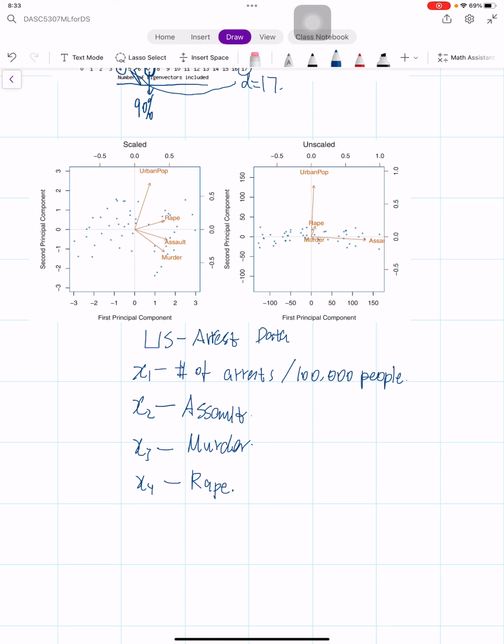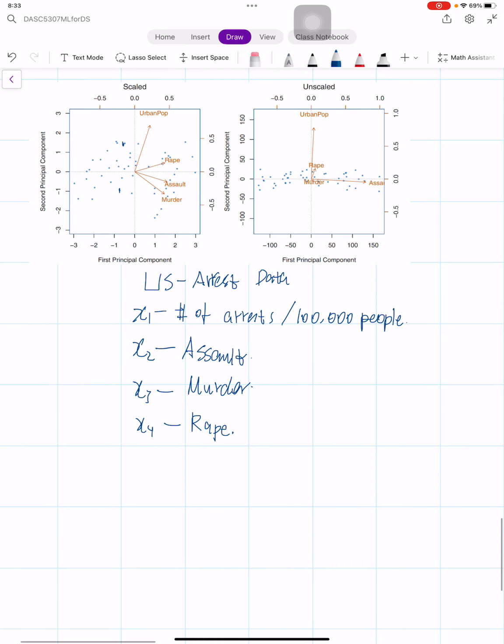Each point is a state, for example Texas.